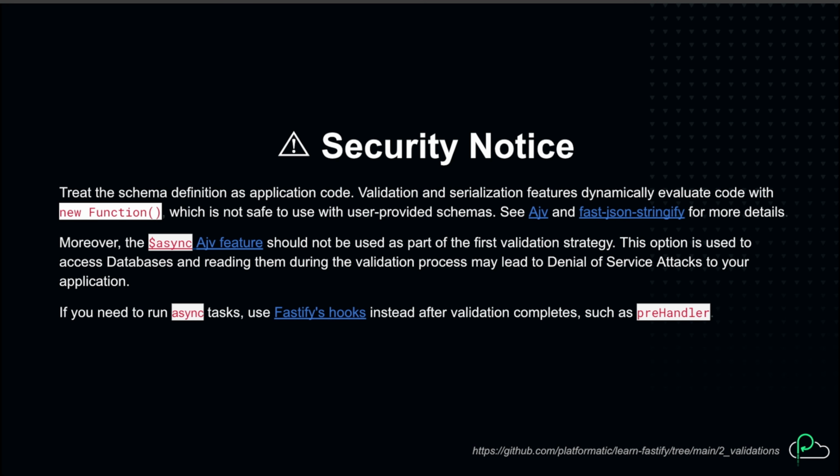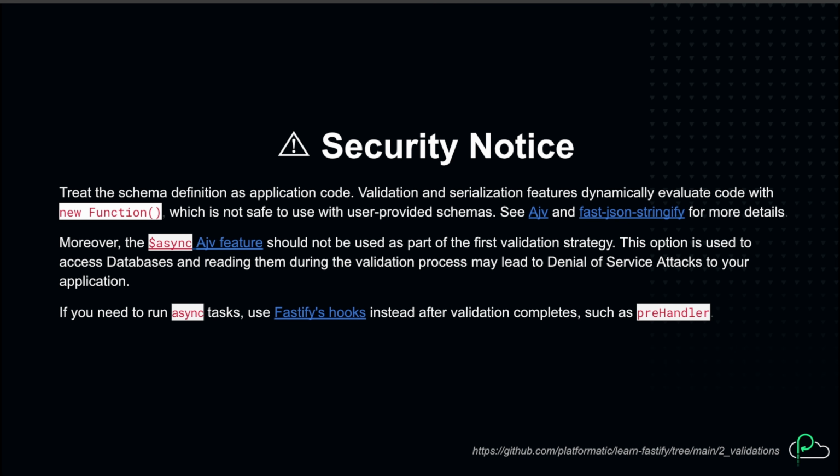Note that your schema is part of your code. So if you get your schema from an untrusted source, you can suffer from code injection attacks. Be careful: in order to have fast validations, all those frameworks use the concept of new Function, and because they use new Function, they will suffer from potential attacks.